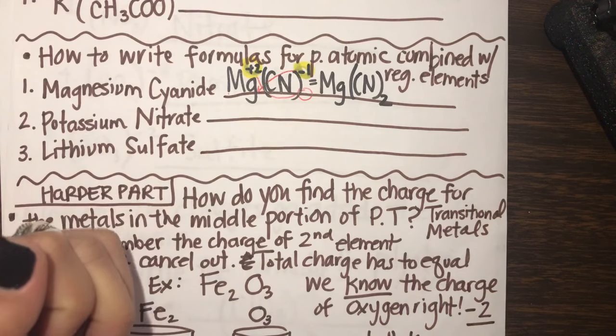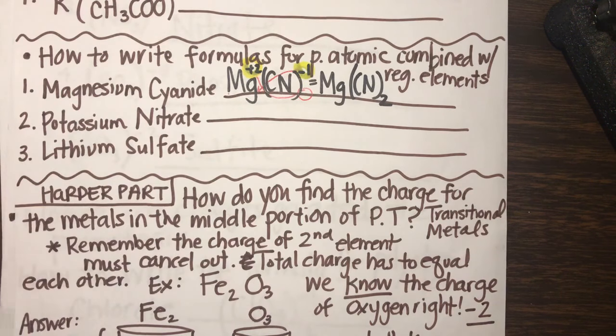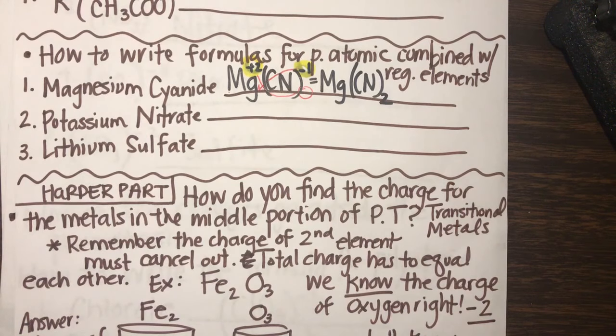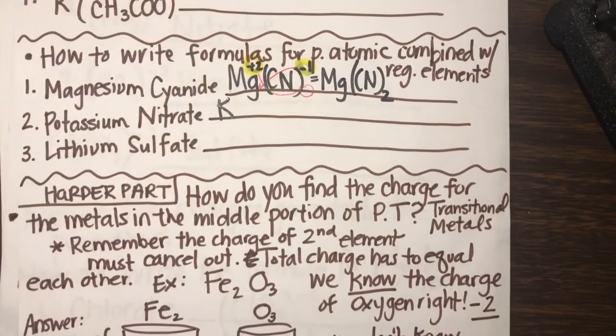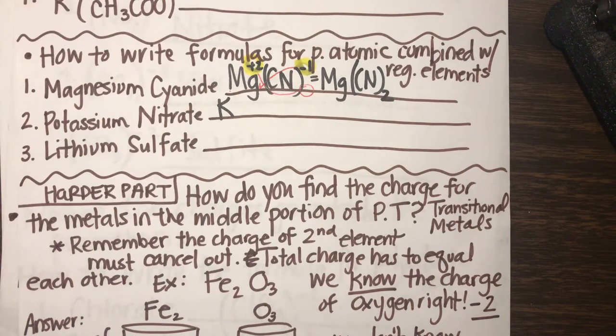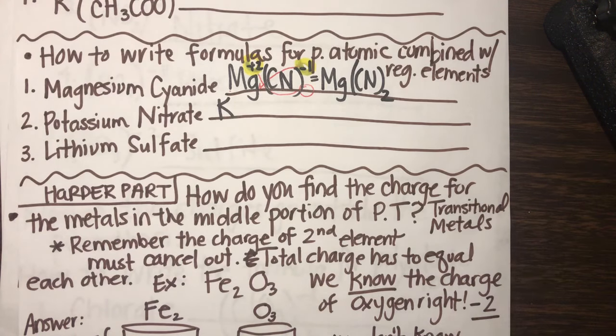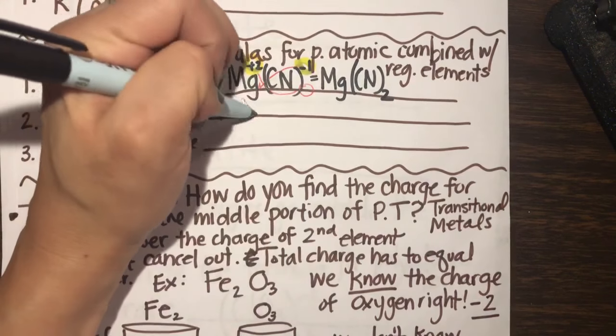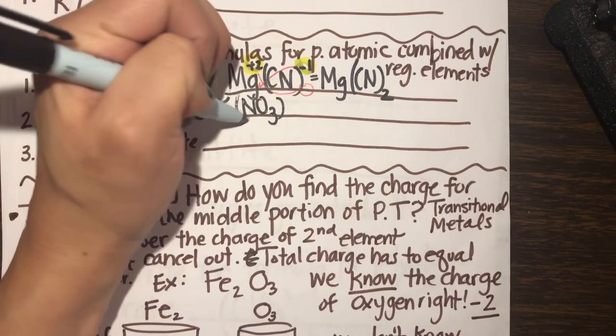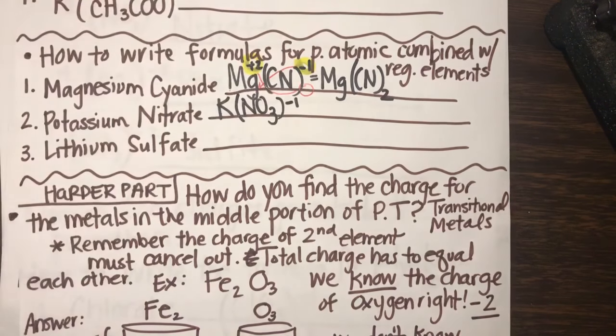Any questions on that one? We're going to do another one. Okay, so potassium is K. That's on the regular side of the periodic table. And then nitrate is on the polyatomic side. Nitrate is NO3 with the charge of -1. What's the charge of potassium? +1.